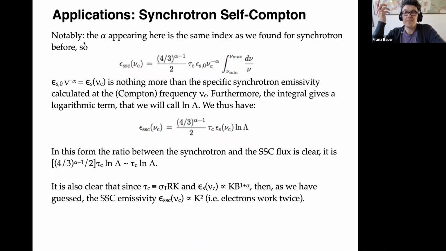We can think about the emissivity of synchrotron self-Compton. So the upscattered component is going to be related to the input emissivity, the optical depth for this scattering to happen, which we say is tau C, some normalization factor, and then we have a frequency dependence, which is at this critical frequency where we're going to start to have the Compton frequency, or where scattering is going to be coherent.